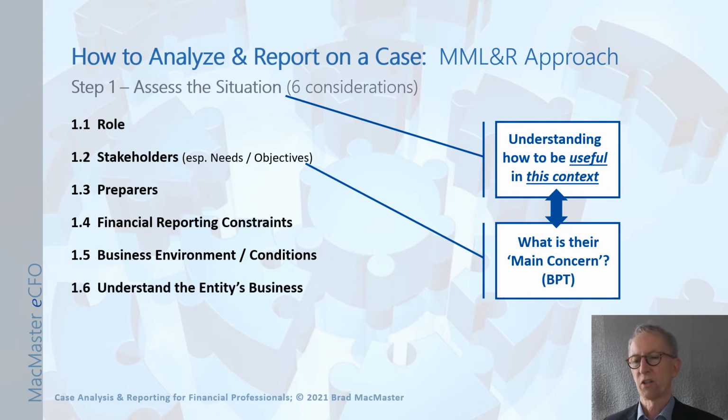Finally, the sixth consideration here is to understand the entity's business. So this is an internal consideration in contrast to step 1.5. It's the other side of the coin. In this step, we're going to want to do a brief analysis of the business entity's financial position, recent performance, and any financial risks that it is exposed to.